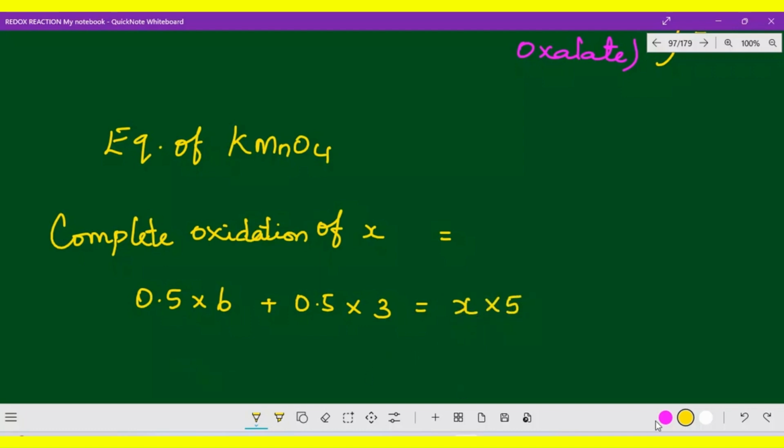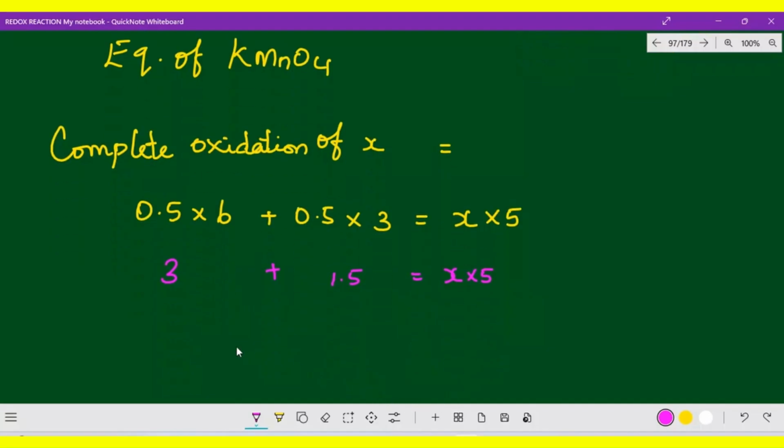Now 3 plus 1.5 combined together, so 5X is equal to 4.5. Right, you got it.